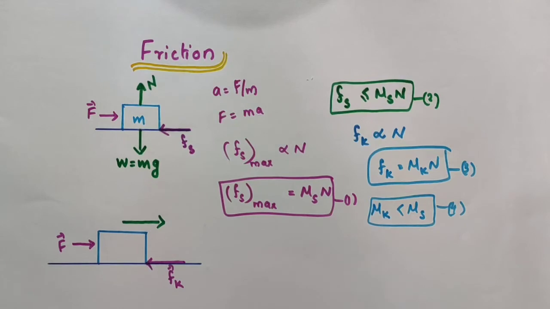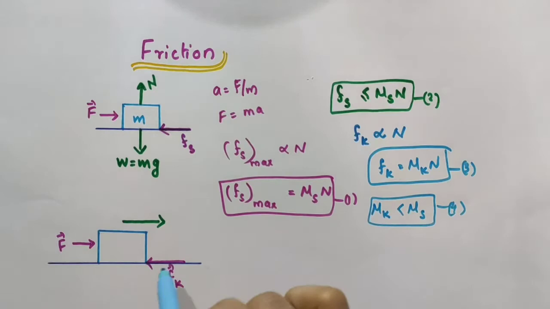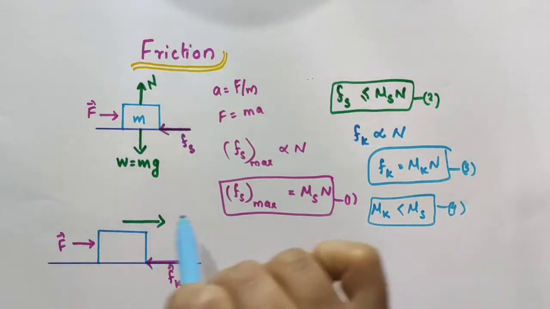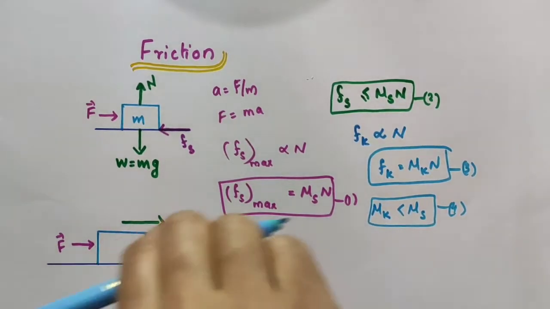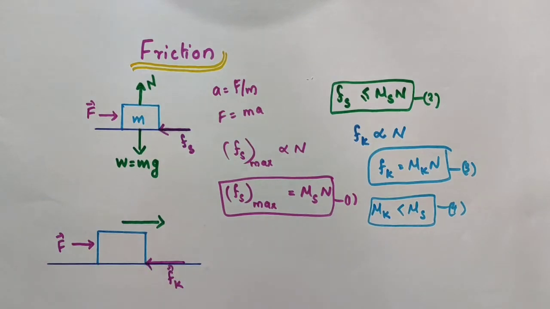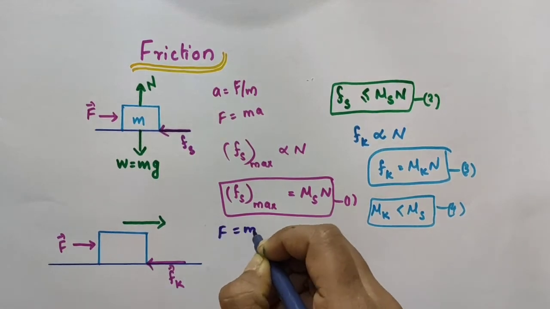Now when the body is in motion, what will be its acceleration? Imagine this is the body which is moving along this particular direction. From Newton's second law of motion, we have F equals m into a.